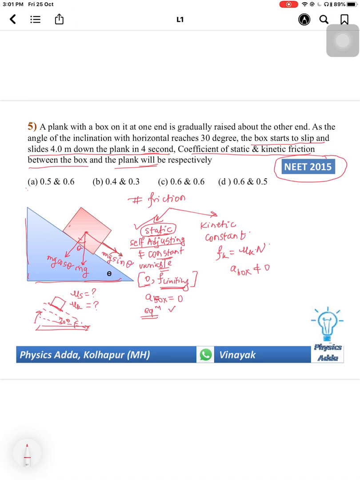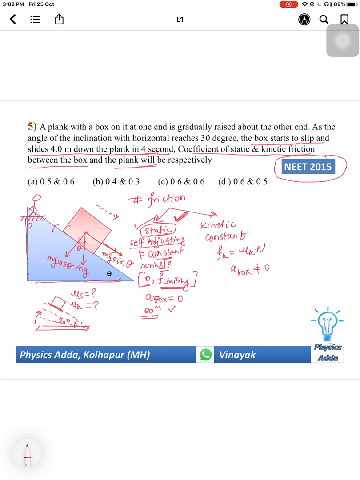Okay, if my observer is standing over here and he is watching the process from point O, you will find that this block has a tendency to move in this direction, downwards. It is not moving because static friction is opposing the tendency of motion.